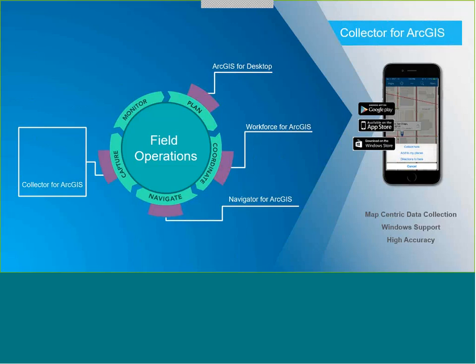The next app which I would like to talk about is the Collector for ArcGIS. In Collector for ArcGIS, again, this is an app which will help you go in the field and collect the data. When I say collect the data, it's totally upon you. You define what should be the attributes which should be collected from the field. So the configuration of the attributes can be defined by you.